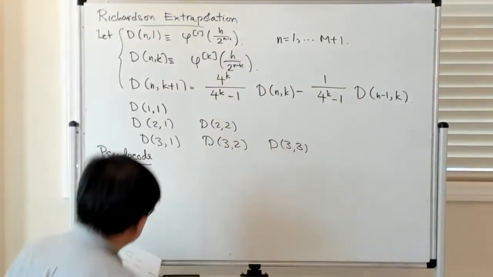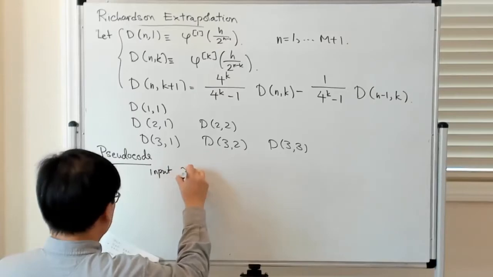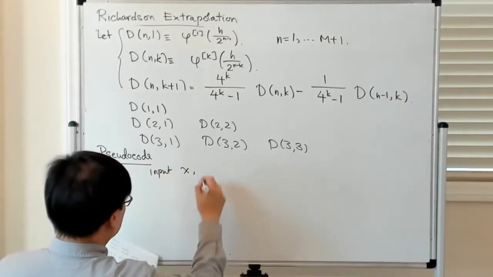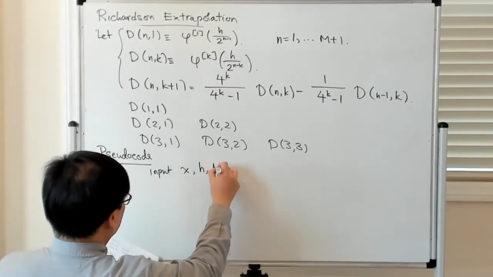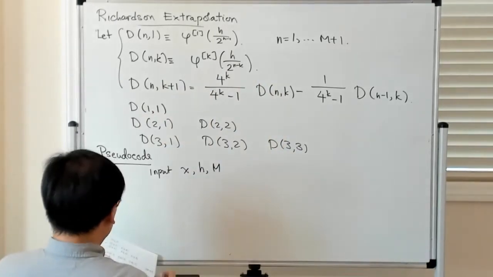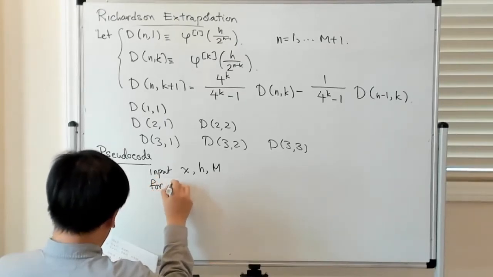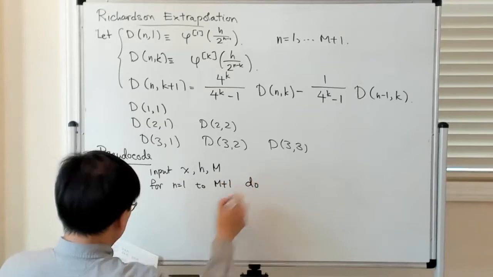So what I want as inputs are x, the point at which I want to evaluate the derivative, times your initial step h, and then m, which is how deep I want to go in this recursion for the Richardson extrapolation. And then you do for n equals 1 to m plus 1 the following loop.